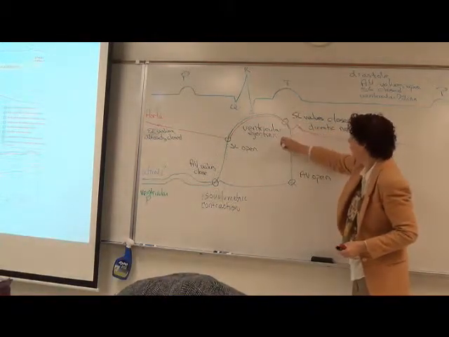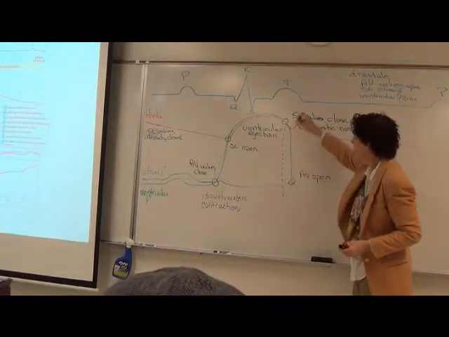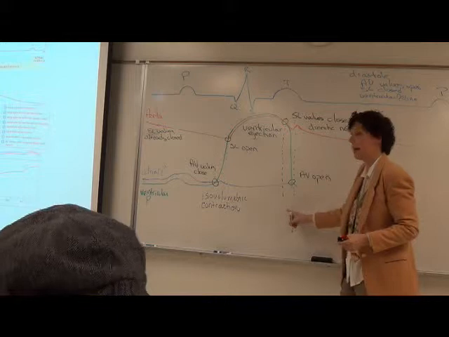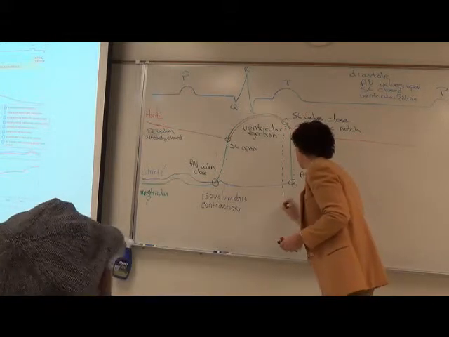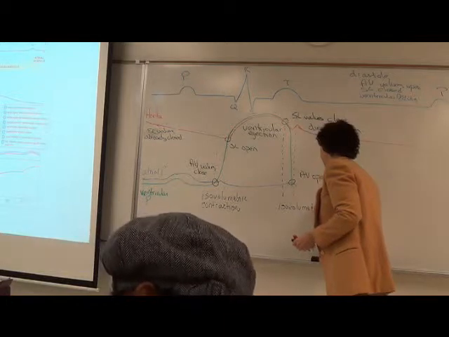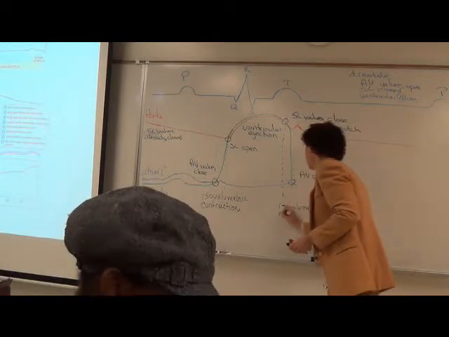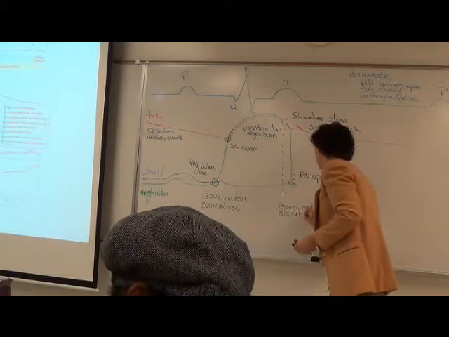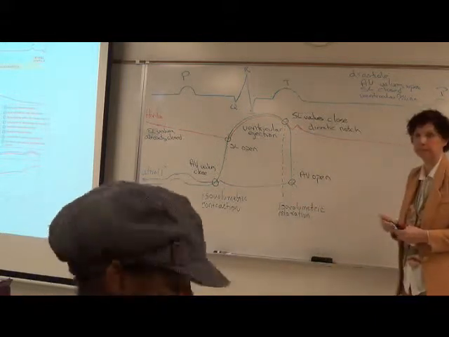From the time the semilunar valves close until the atrioventricular valves open is another isovolumetric period, but this time it's when the ventricles are relaxing. So this is known as isovolumetric relaxation.